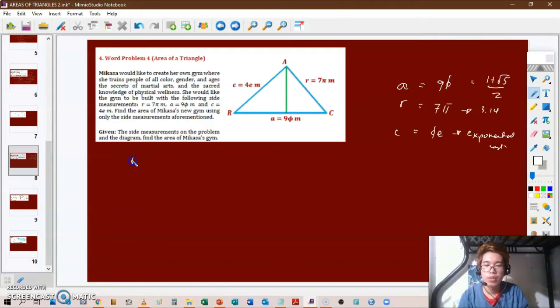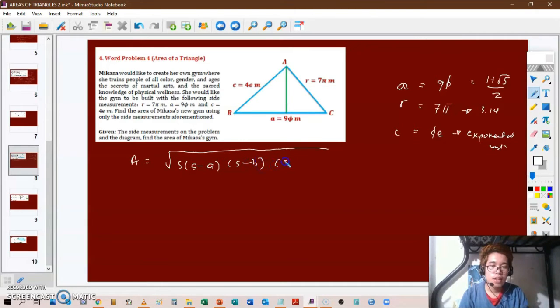So that will give us A is equal to the square root of S times S minus A times S minus B times S minus C. First we have to solve for the value of S, or the semi-perimeter.